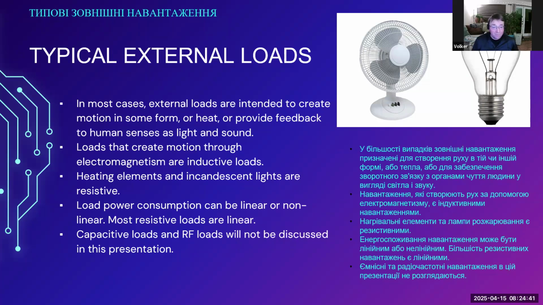These are just examples to indicate that we have loads that create motion, and we have other loads, in this case, for example, a heating element, which is mostly resistive, but not necessarily linear. A light bulb, for example, will have a much lower resistance in cold state than it has in hot state, in on state. So the resistance itself is not linear, but it is a resistive load.